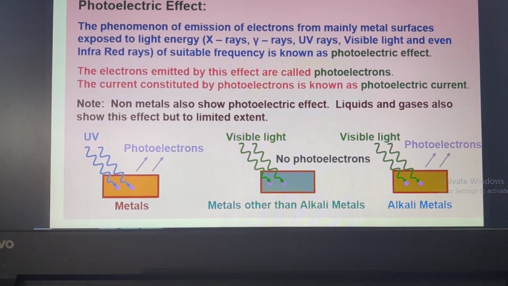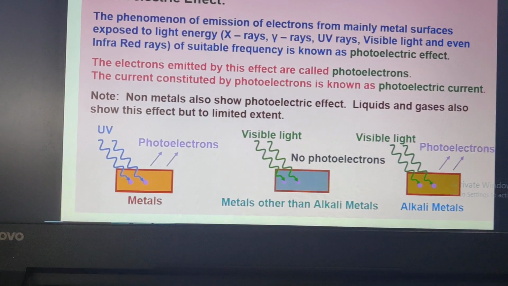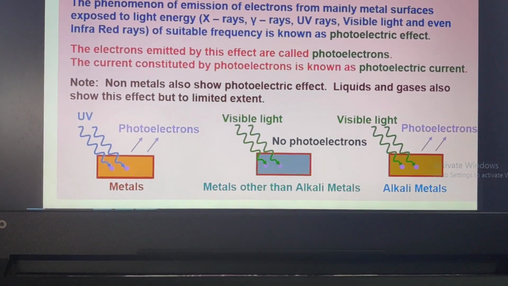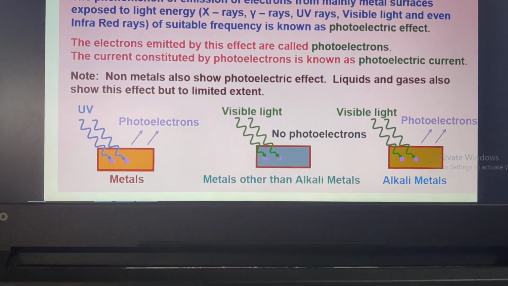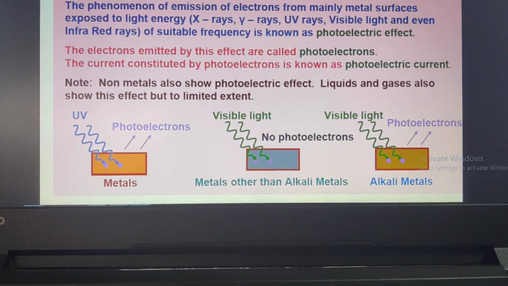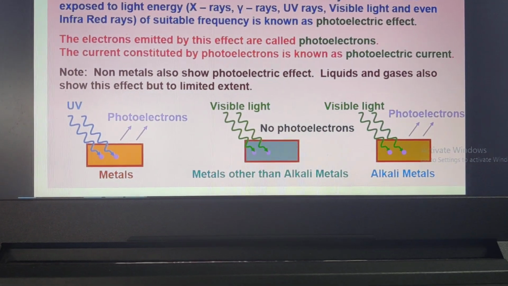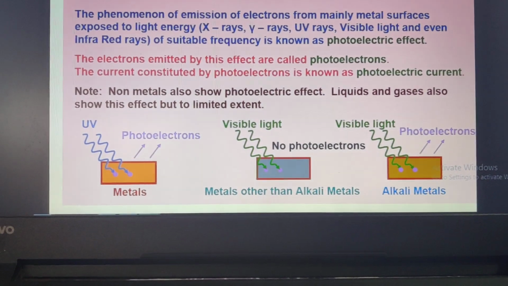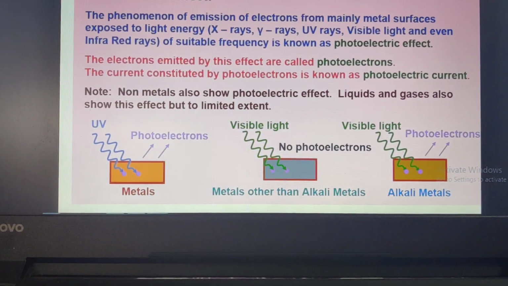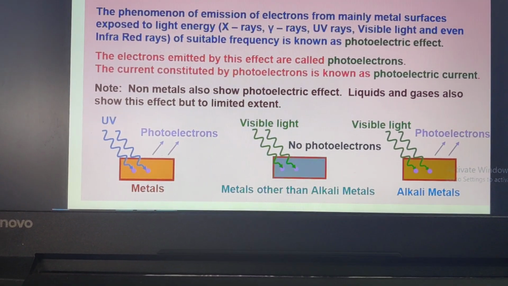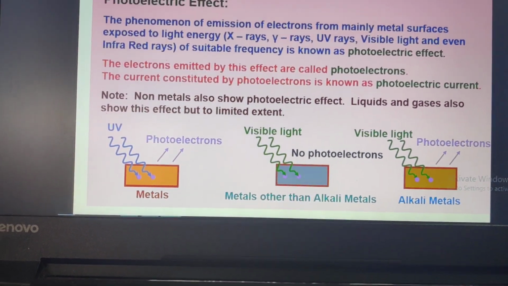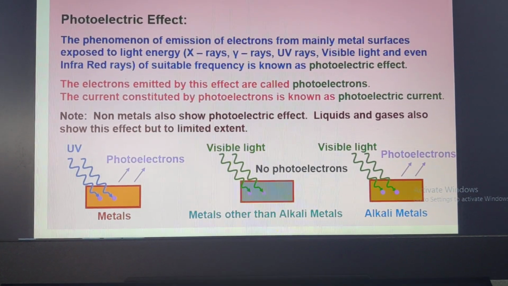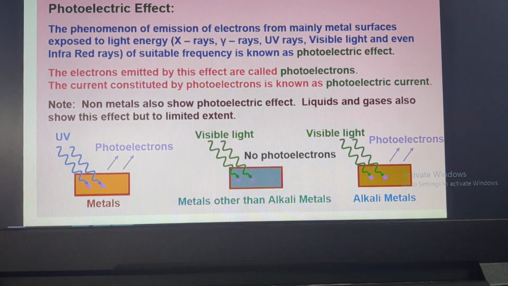The electrons emitted in this effect are called photoelectrons, and the current corresponding to these electrons is called the photoelectric current. This is also incorporated in our CBCS core 9 lab, where photoelectric current versus intensity and other experiments let you experimentally verify the photoelectric effect.